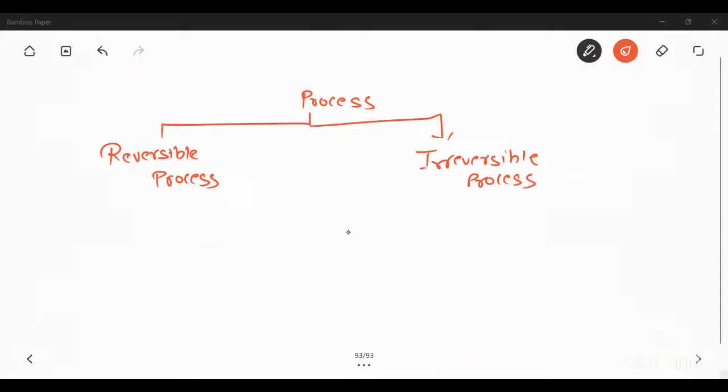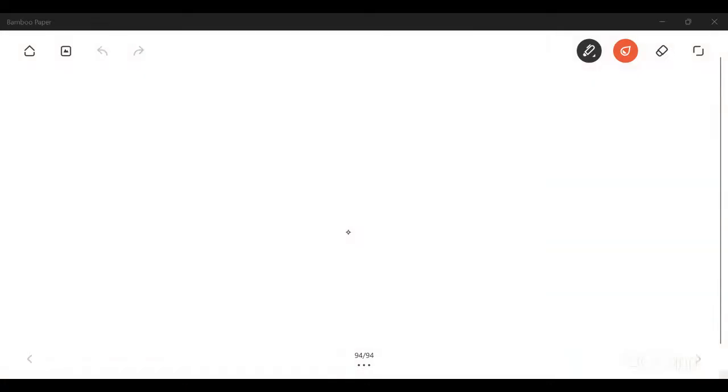A reversible process is a process which can be reversed in its opposite direction. But an irreversible process cannot be reversed in its original direction. Examples are rusting of iron, dissolving of soap in water, all are irreversible processes. And the reversible processes are melting point and boiling point, slow compression and expansion of elastic spring.